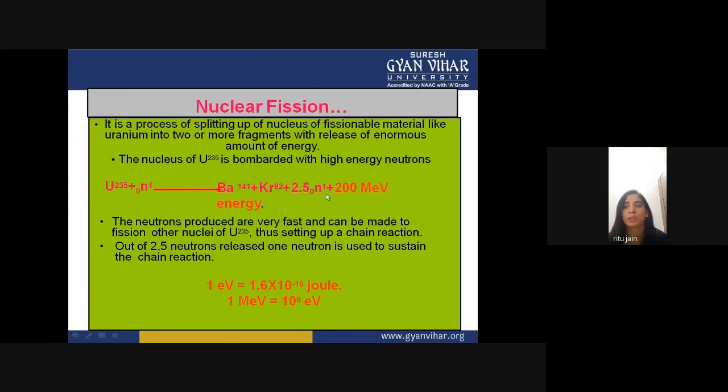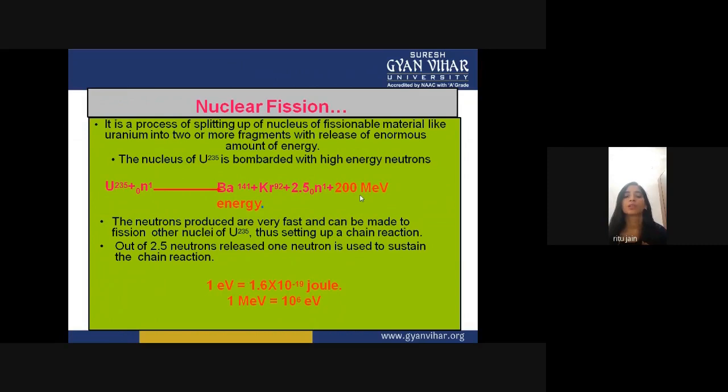Then it releases 2.5 neutrons and 200 mega electron volts of energy, which is very high. So when one uranium nucleus is bombarded with a high energy neutron, it releases 200 mega electron volts of energy.